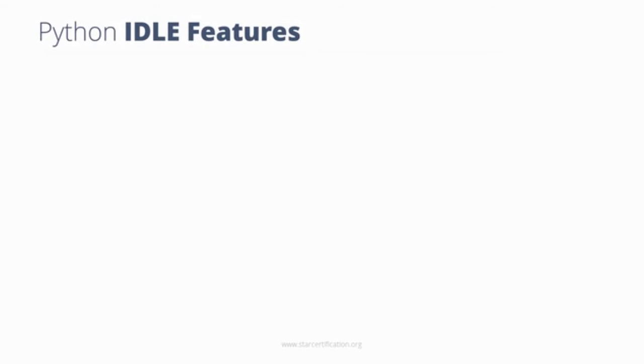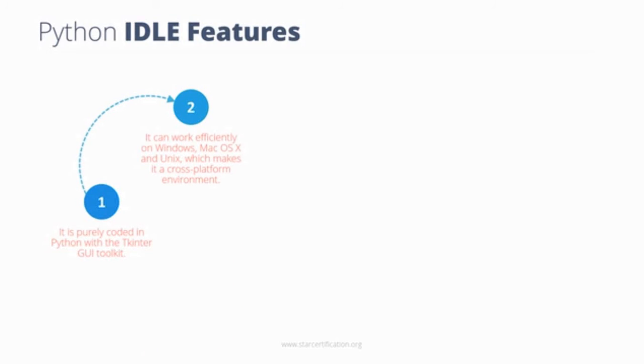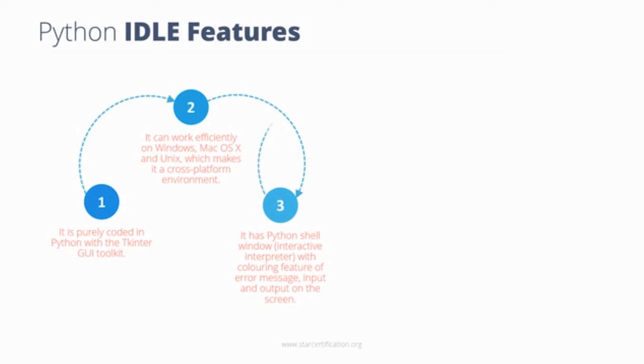The main features of Python IDLE are as follows. It is purely coded in Python with the Tkinter GUI toolkit. It can work efficiently on Windows, Mac OS X, and Unix. This makes it a cross-platform environment. It has a Python shell window interactive interpreter with coloring feature of error message, input and output on the screen.